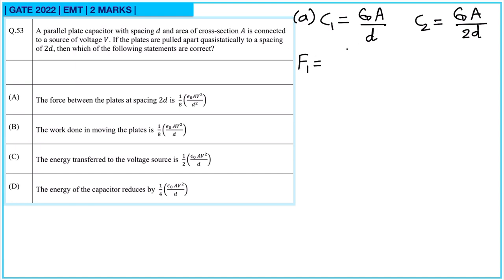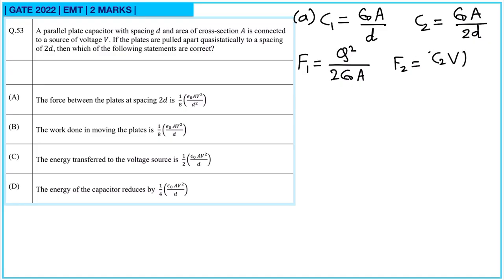Now force is equal to Q square by 2 epsilon naught A. Here Q can be written as C into V, and here the capacitance is C2.